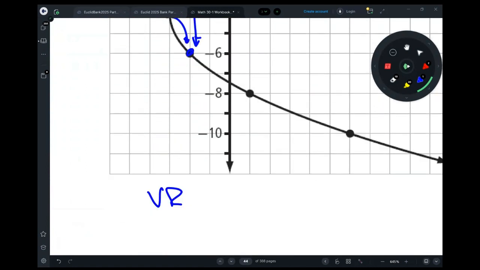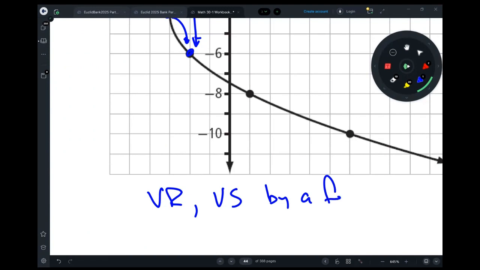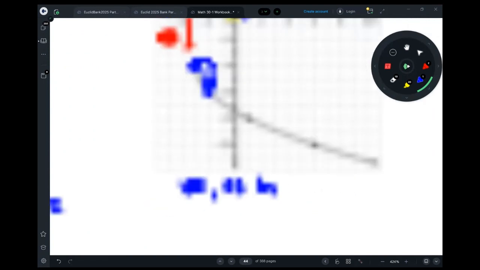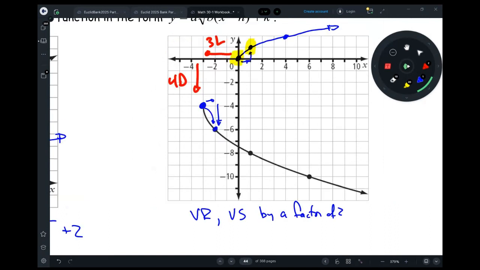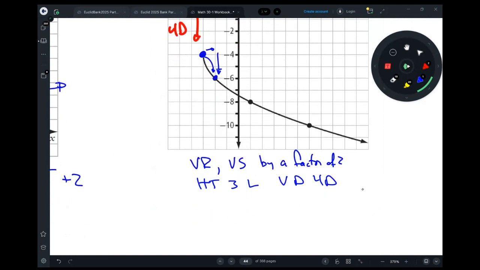So that suggests a vertical stretch by a factor of 2. And then I see, finally, that it's been horizontally translated 3 to the left and vertically translated 4 down. So my function is going to look like this. y is equal to negative 2 square root of x plus 3 minus 4.